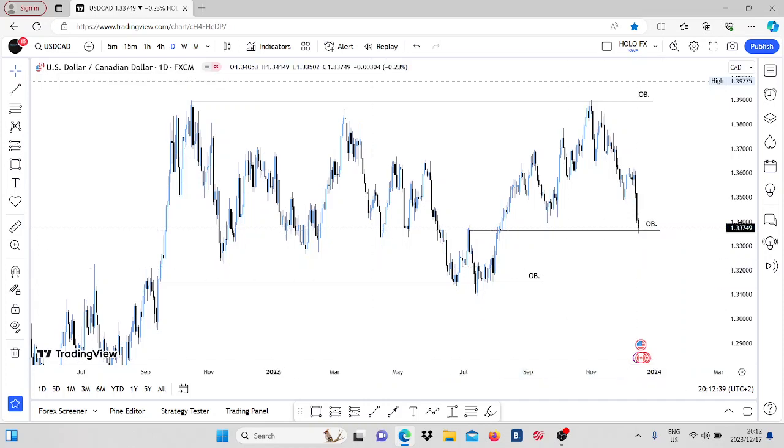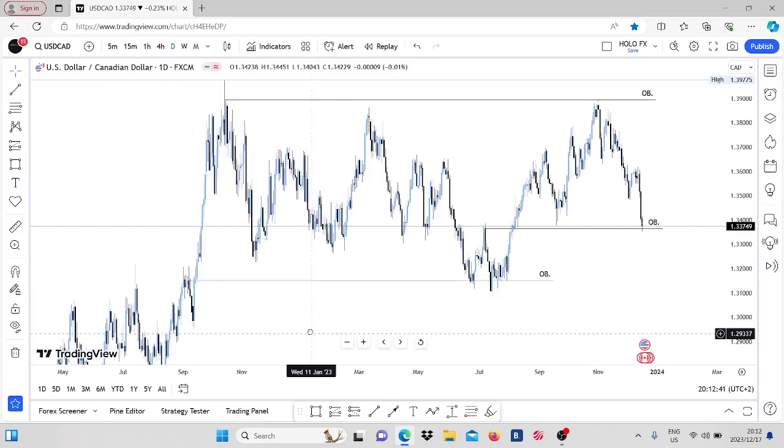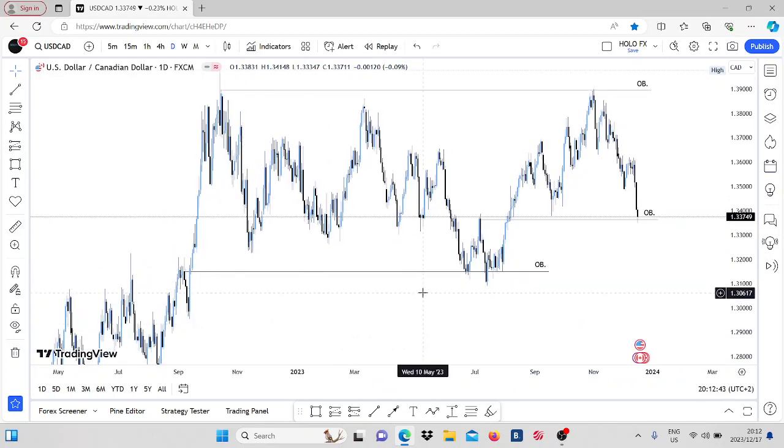Okay, so in this area, right, we initially broke structure over here. We initially broke structure over there.